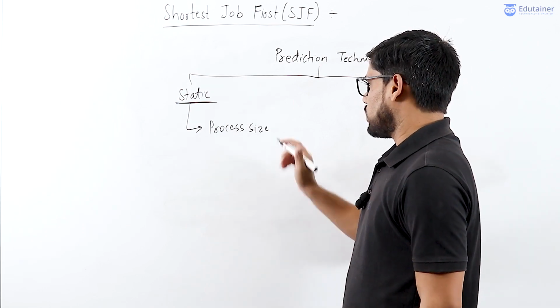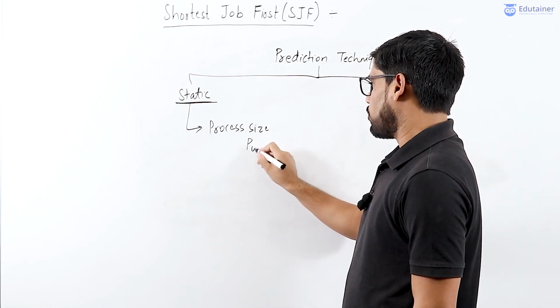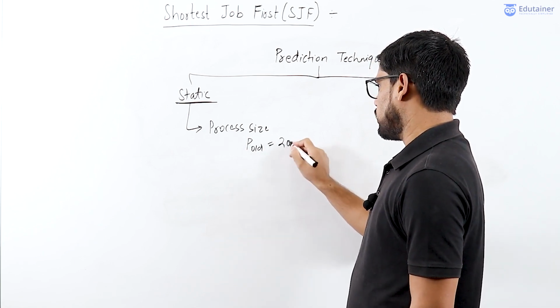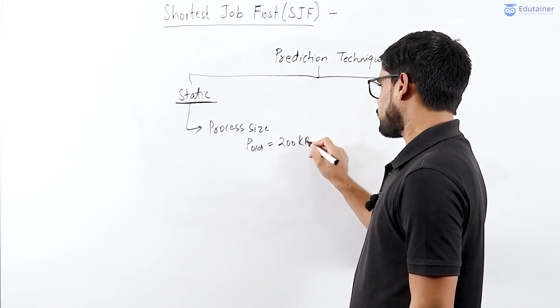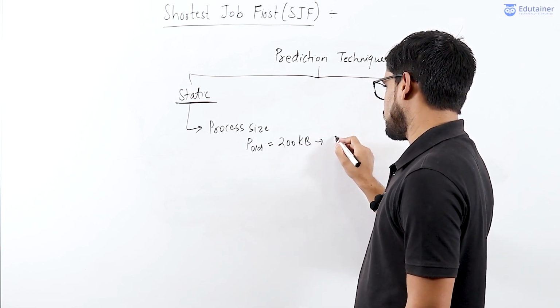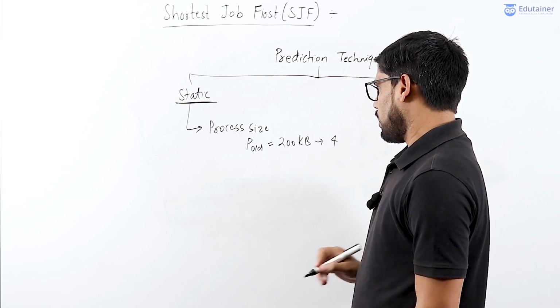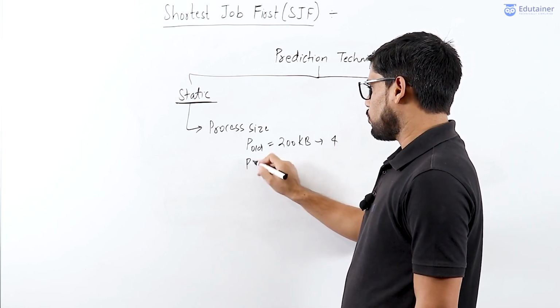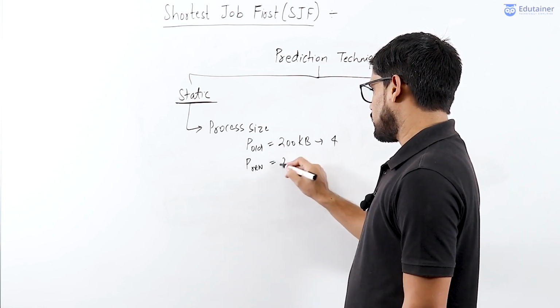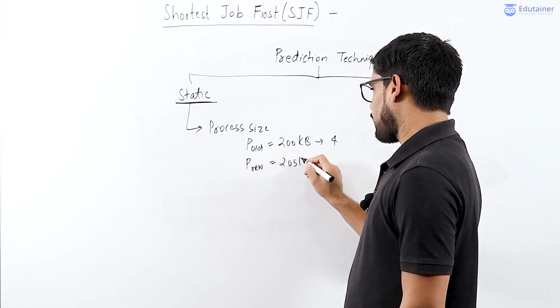What I mean to say is, let's say an old process which is completed has a size of 200 KB, and you have allotted a predicted burst time for this process, let's say 4 units of time. And suddenly a new process comes, and this new process has a size of, let's say, 205 KB.